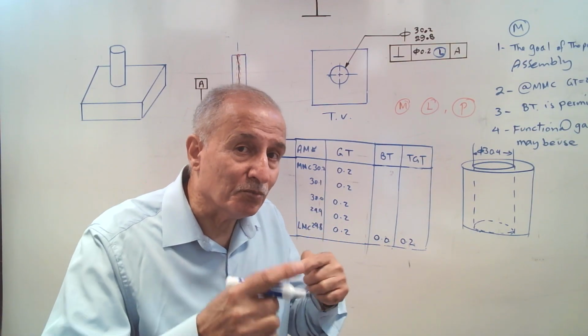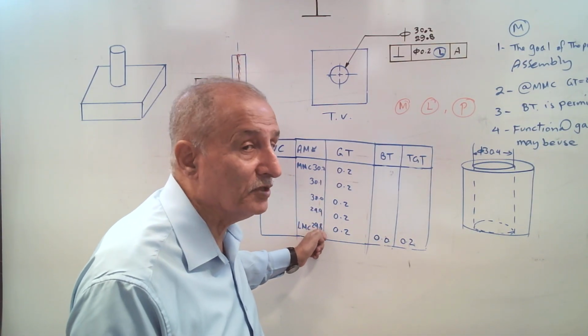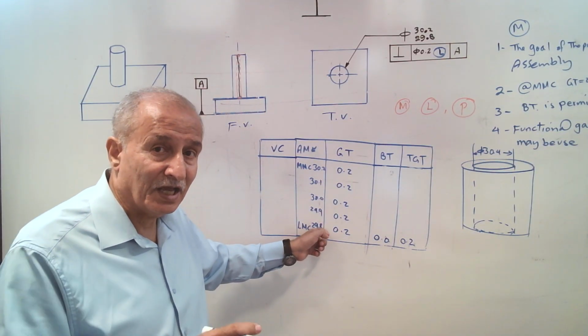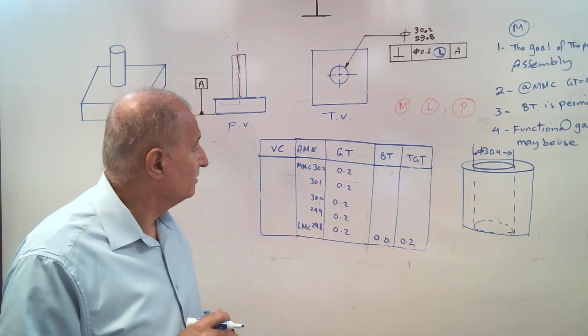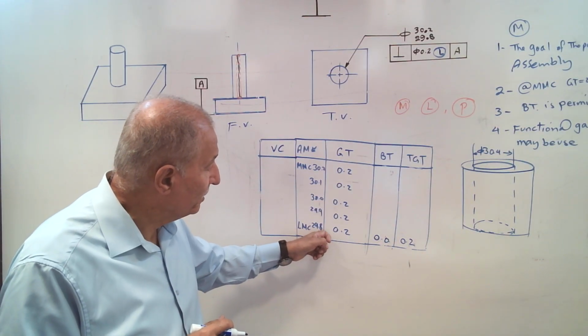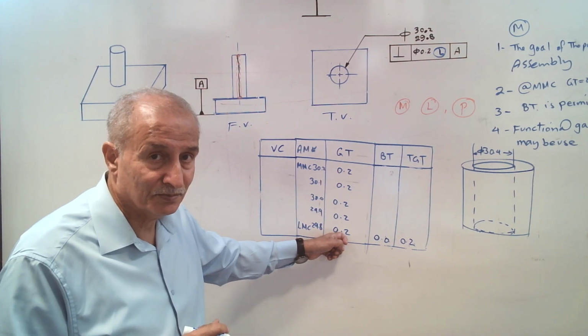They wanted to say to manufacturer, if you produce at 29.8, which is the narrowest, smallest diameter for the part, you cannot have more than 0.2 error.